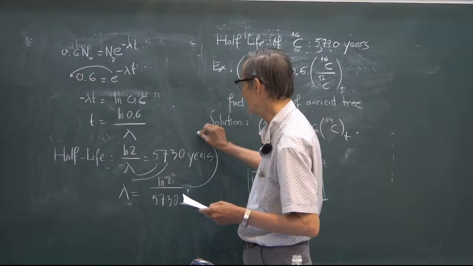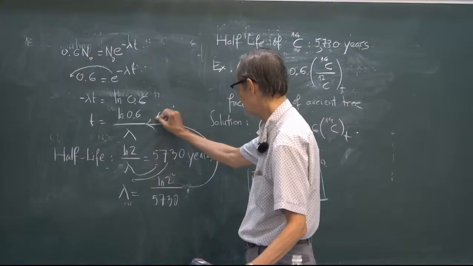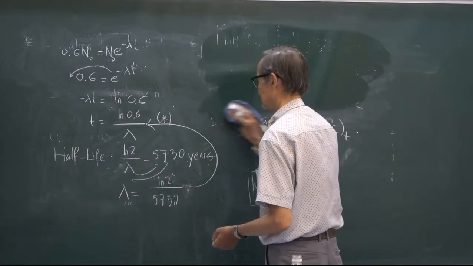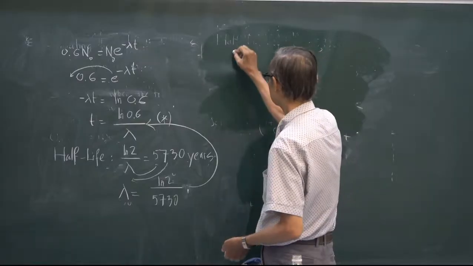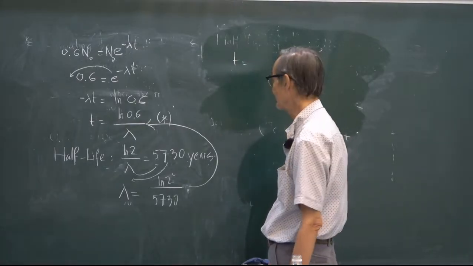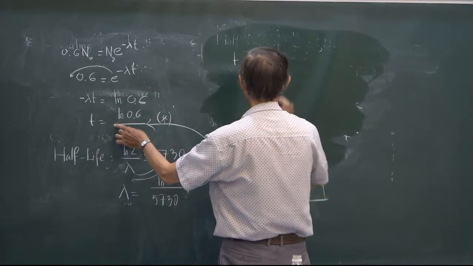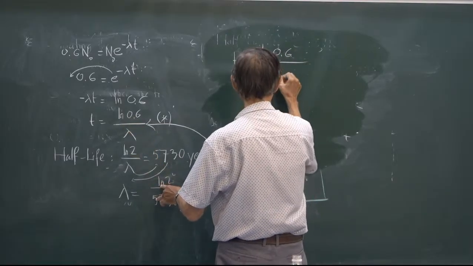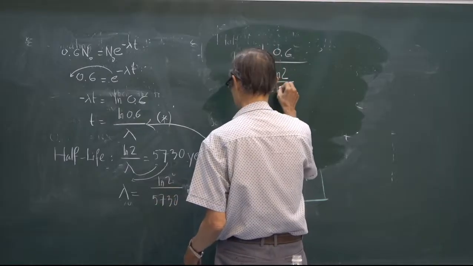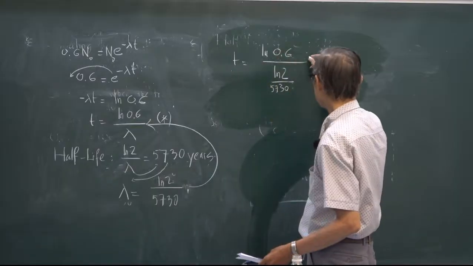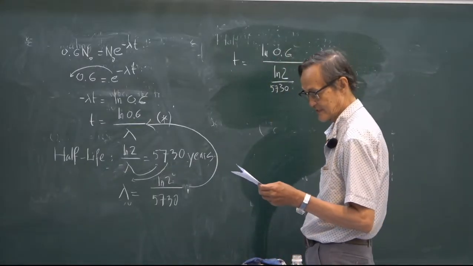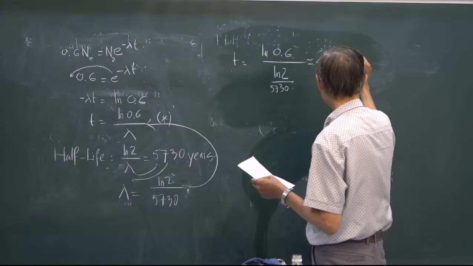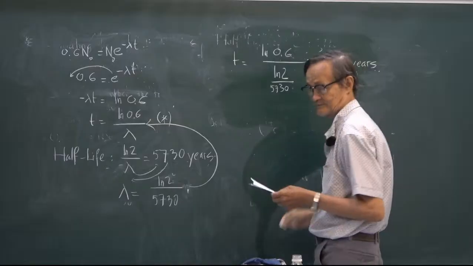Substitute this into this. We have T, the age of the ancient tree, T equals log 0.6 over lambda, with lambda equals log 2 over 5,730, and you can use a pocket calculator. We have 4,223 years. Okay.